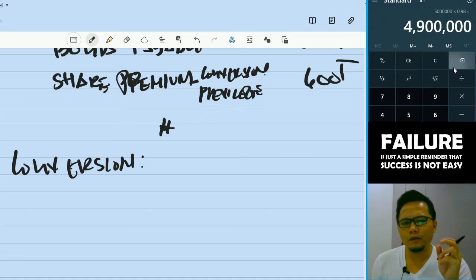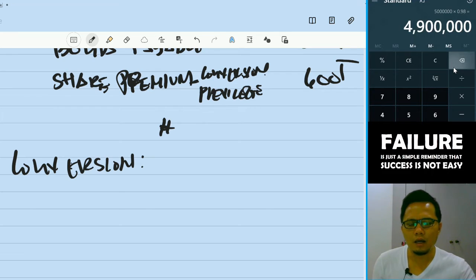If there is no conversion, so meaning, payment of bonds payable lang talaga, like the regular extinguishment of bonds. If the bonds are extinguished prior to maturity, then if the extinguishment price is lower or higher than the carrying amount, then there is gain or loss on extinguishment.